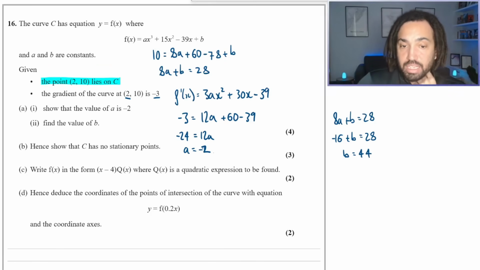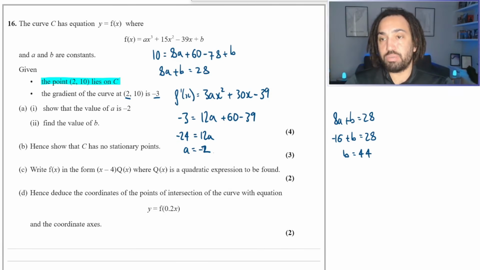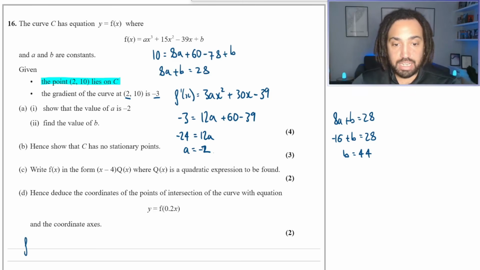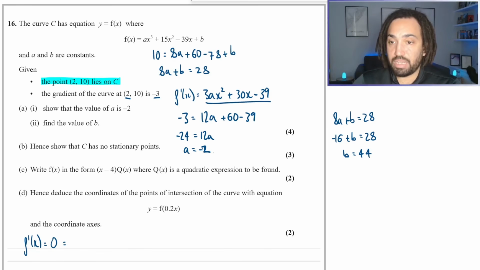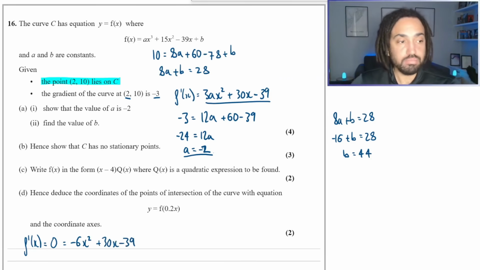Okay, part B is asking us to show there are no stationary points. So we can do that by looking at the gradient function. And a stationary point occurs when the gradient equals 0. And the gradient function we have up here, we know a is minus 2, so that's minus 6x squared plus 30x minus 39.